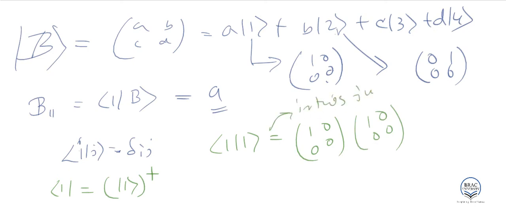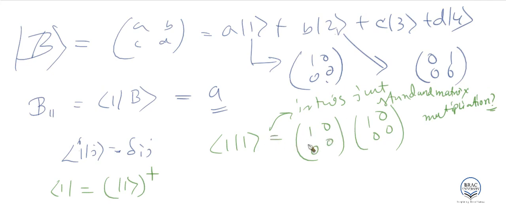Now the bigger question is, is this just standard matrix multiplication? Because when you take an inner product, you are supposed to get something that belongs to a field, that is, a scalar. But when you multiply two matrices with the rules of standard matrix multiplication, you get another matrix, right? However bizarre this may seem, this is not standard multiplication.